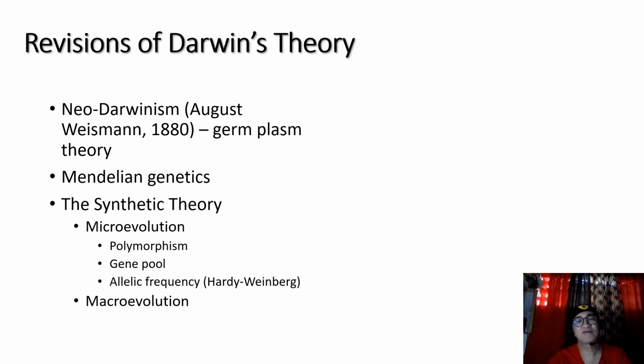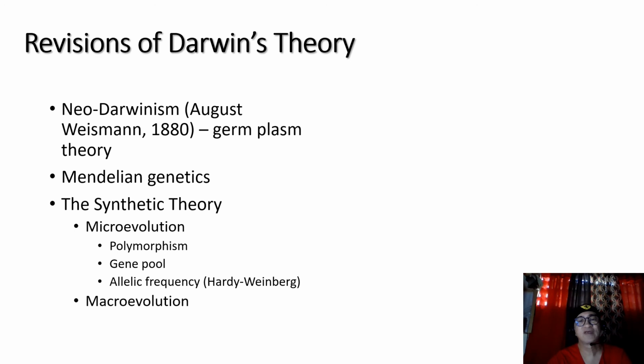The synthetic theory of evolution is a comprehensive theory that emerged through the combined works of population genetics, paleontology, biogeography, embryology, systematics, and animal behavior in a Darwinian framework.